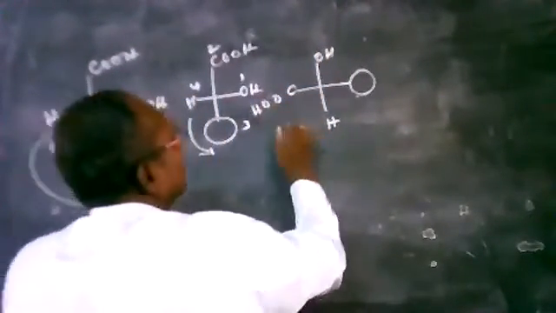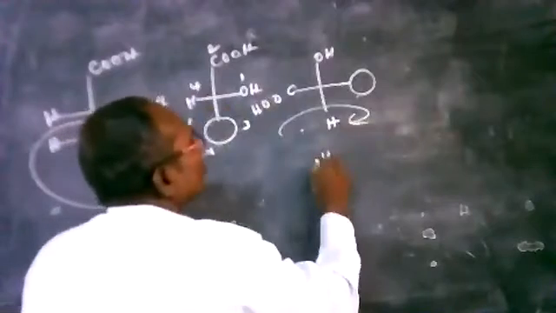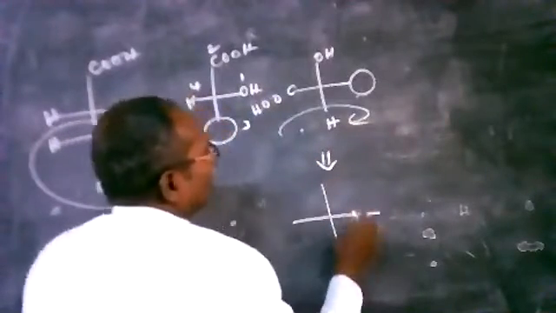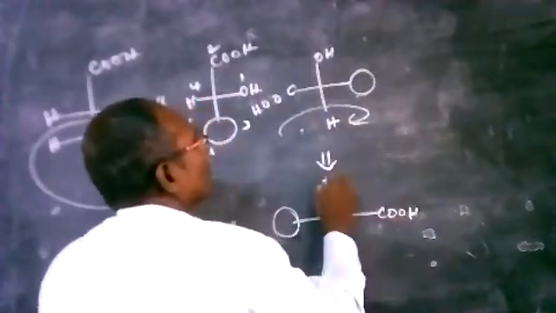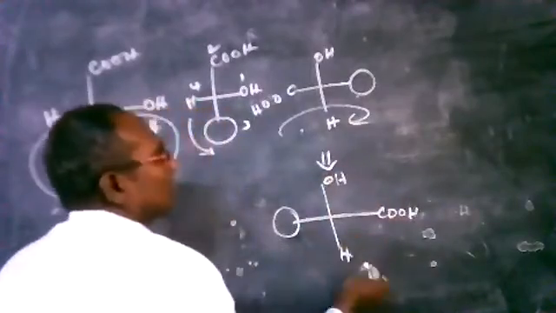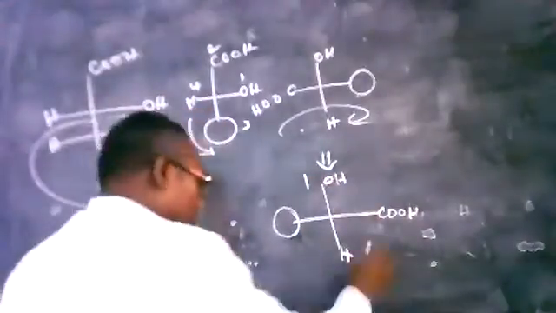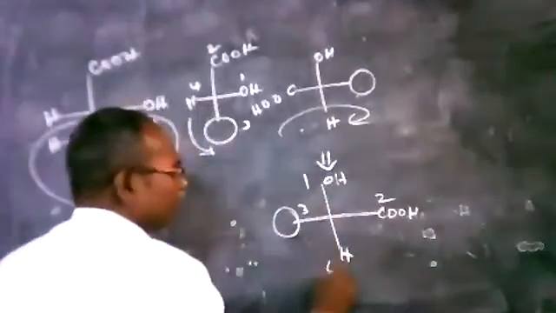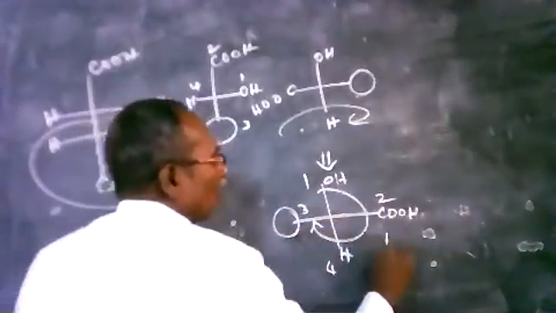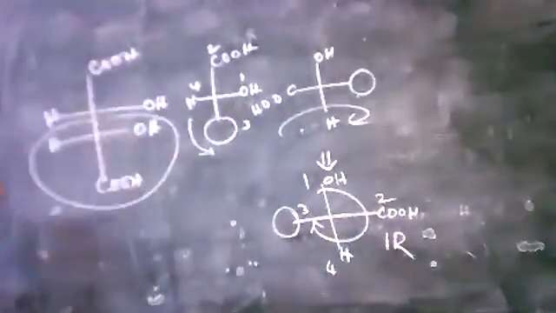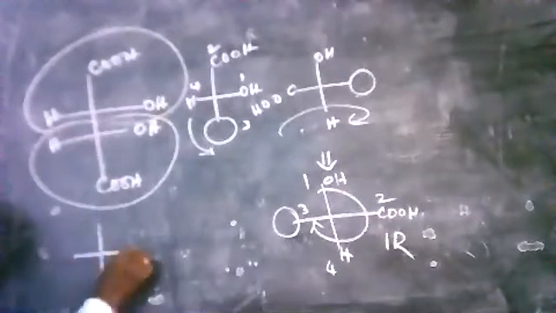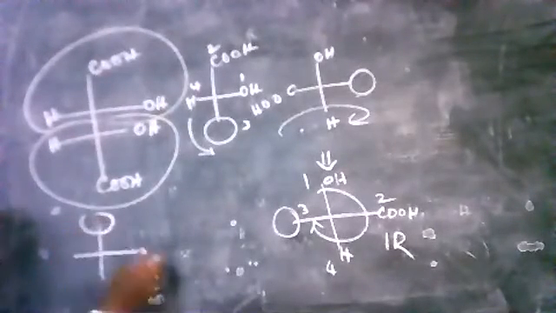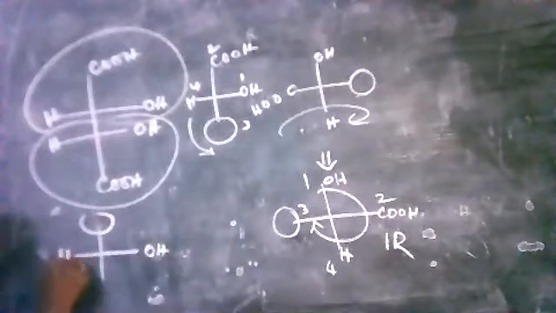This is not Fischer. I turn the molecule. So what I am getting, this group comes over here, COOH, OH, H. So 2, 3, 4, 1, 2, 3. 1R configuration.